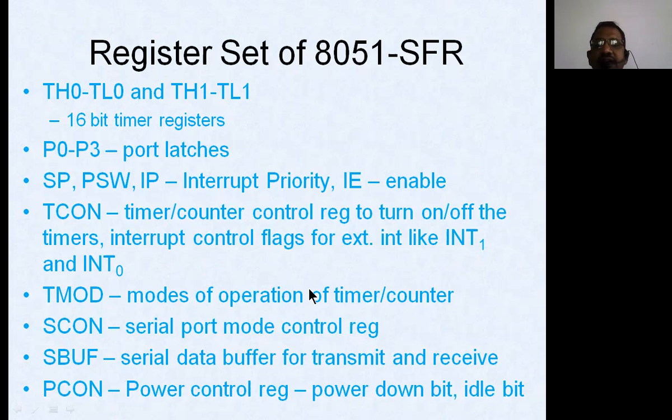These two are the external interrupts. That means if any external device needs help from the microcontroller 8051, it simply uses these two signals, INT1 and INT0, which can be controlled by the interrupt control flags.